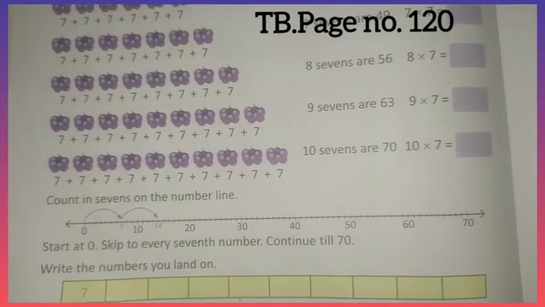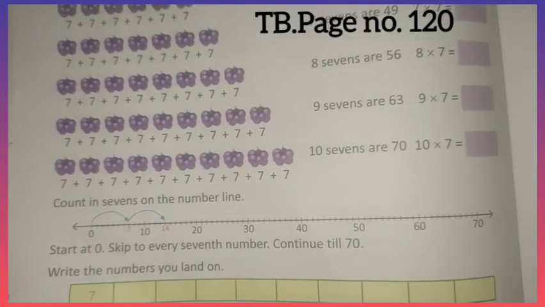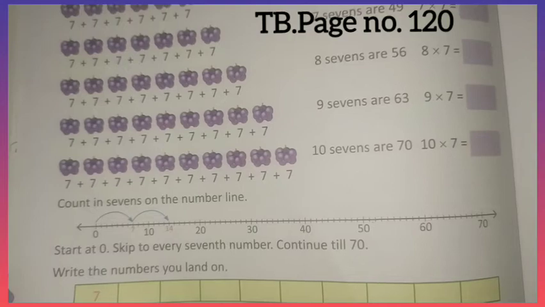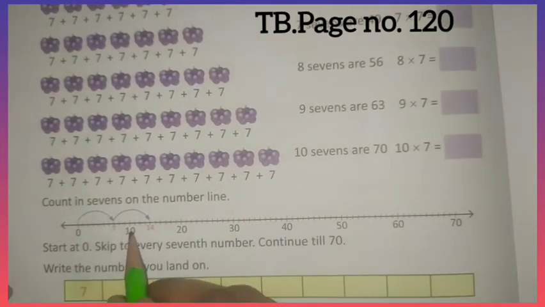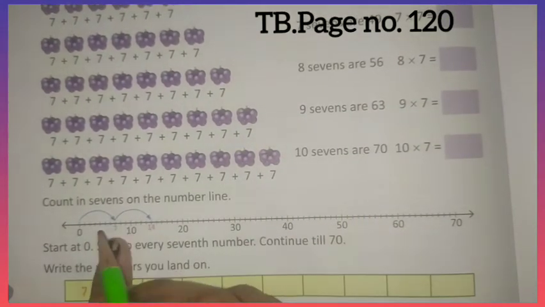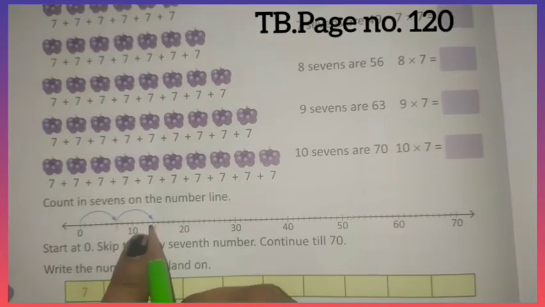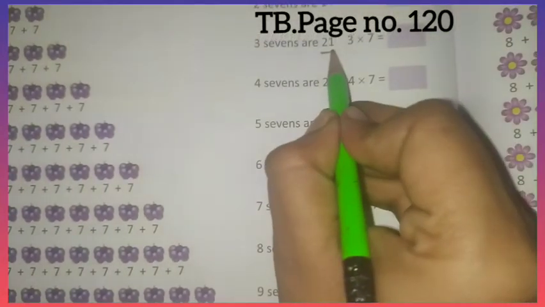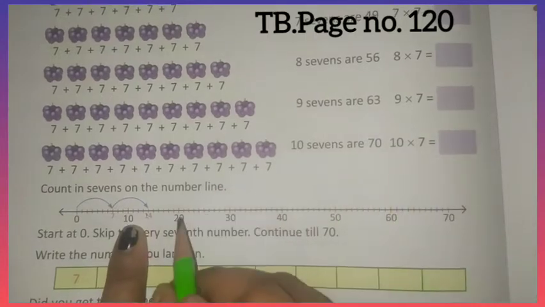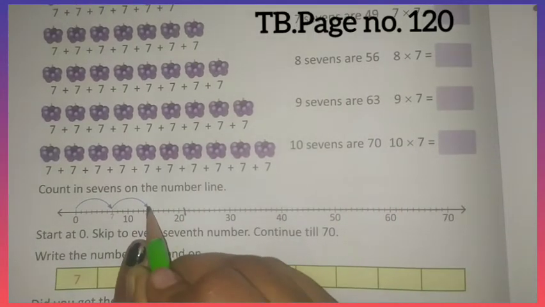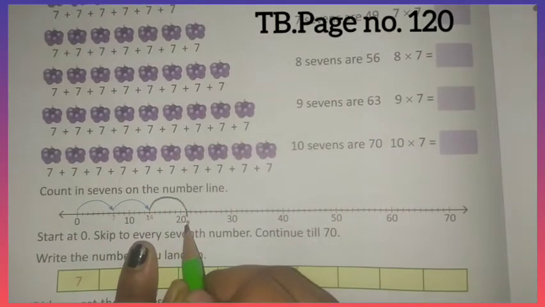Here, look here children. Here we have to write count in sevens on the number line. Okay, look, 7 ones are 7. 7 twos are 14. 7 threes are 21. So here 20 is there. It will be 21. So we will draw up to here, 21.